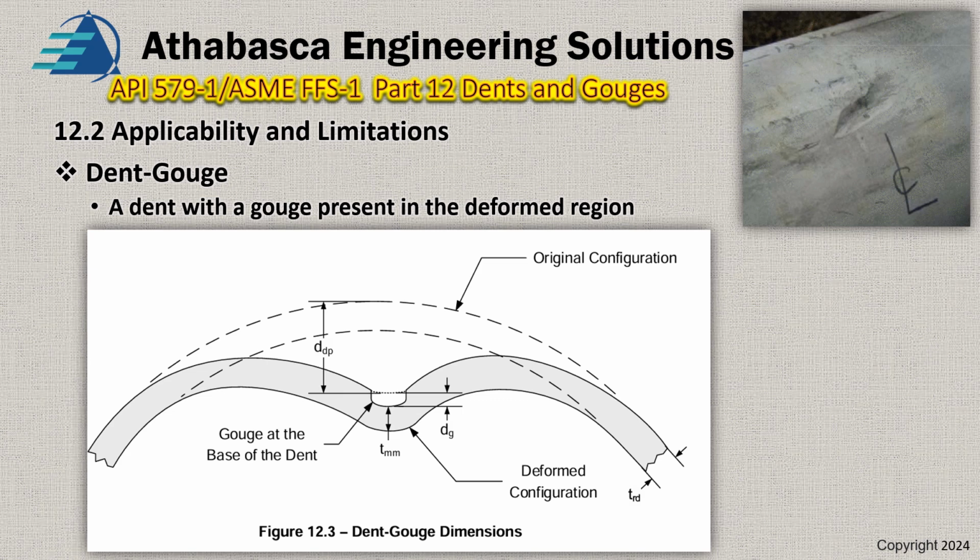And Figure 12.3 describes the dent-gouge combination. Here, in dotted line, is the original configuration, and the depth is defined to the top of the ridge, and then the gouge is shown below that ridge, and t min is described in terms of the difference, that's the retained material in it. So that's basically it there.